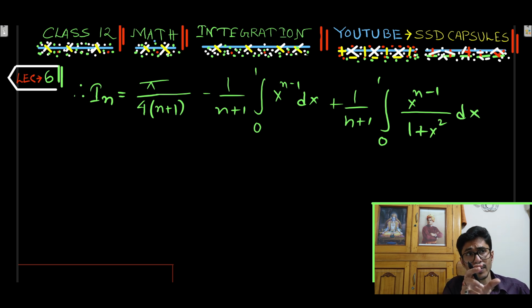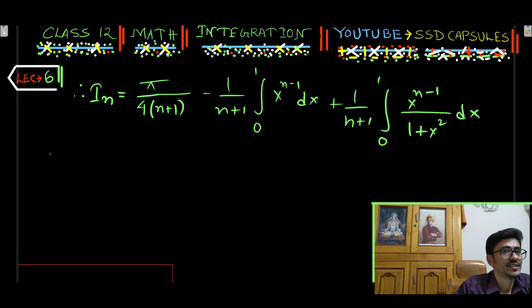Because here I have done the calculations, it is more time consuming. So if you feel bored, you can increase the speed in the YouTube player so that you can easily understand all the steps in minimum time.